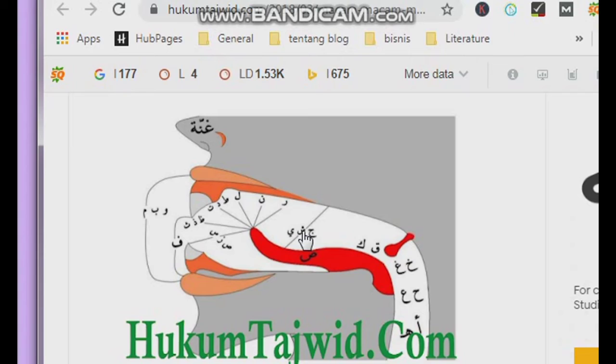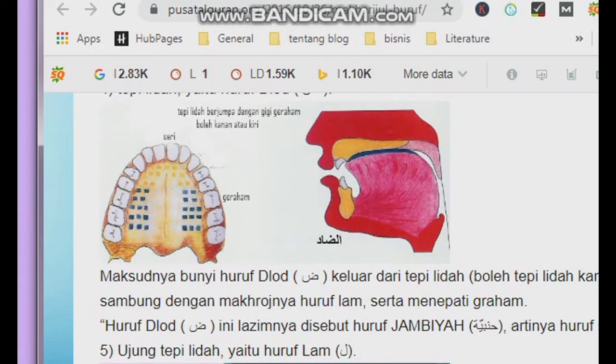And then for dot, I use like this. I think this one, Pusat Al-Quran, is more clear. So this is your upper molar. So I put the tip of my tongue, I push my upper molar, and then I say do, do, do, like that.